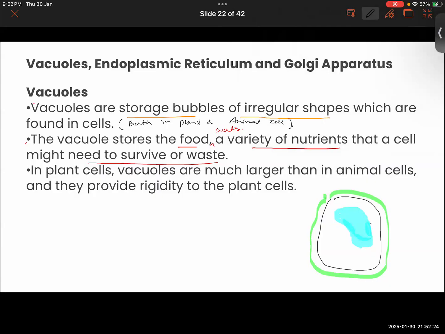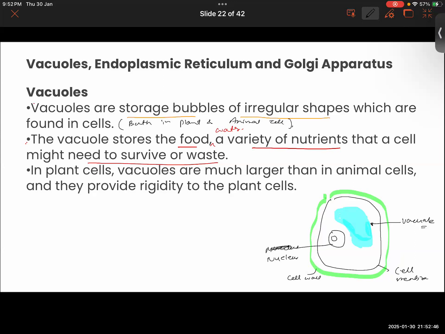This is the vacuole in a plant cell. Then this right over here is the nucleus. That's the cell wall, and that's the cell membrane.